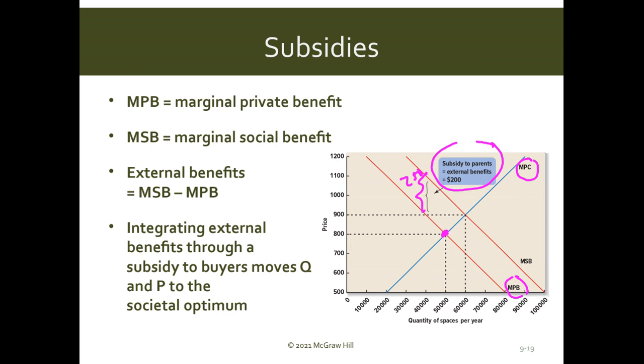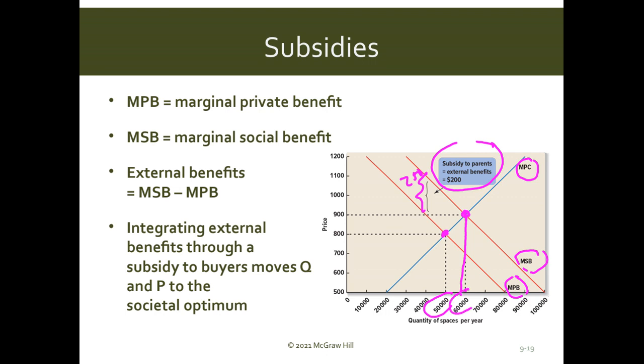Now you have the marginal social benefit curve here, so all the benefits are now in the decision making process. Notice that the new equilibrium point will be here, and the new equilibrium quantity is more. The private market was supplying only this. Now, if you integrate external benefits, the production will be higher.